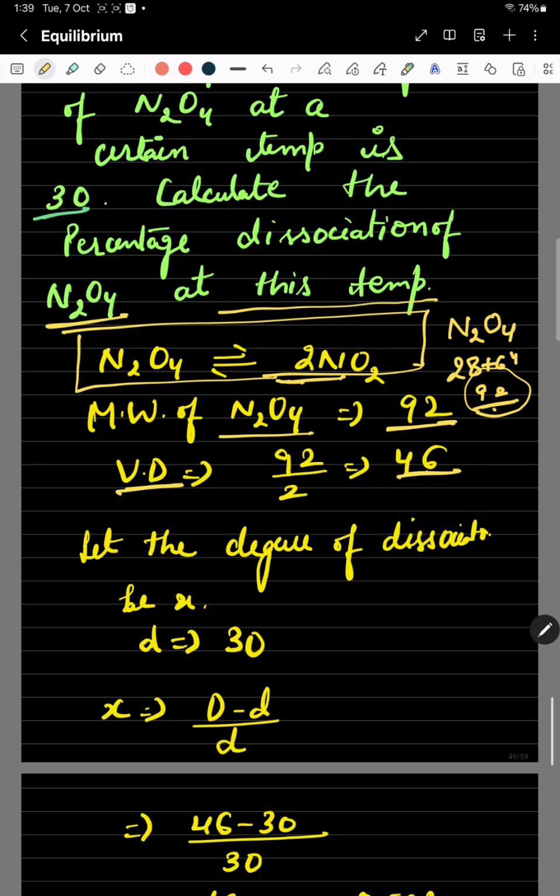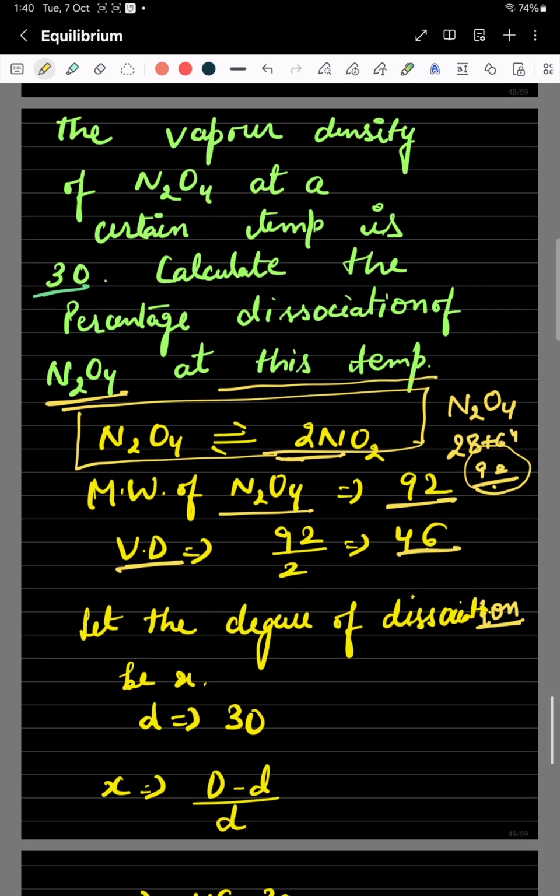Let the degree of dissociation be x, that is, how much N2O4 is converting into NO2.